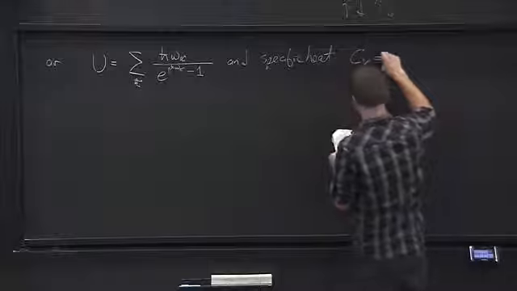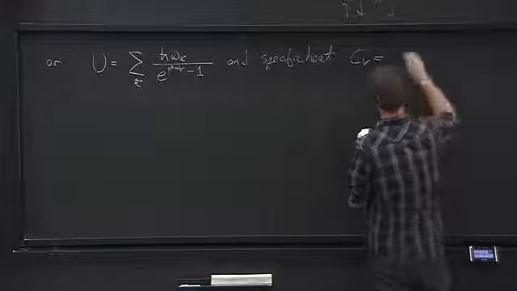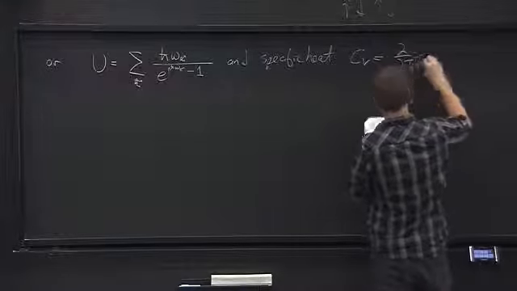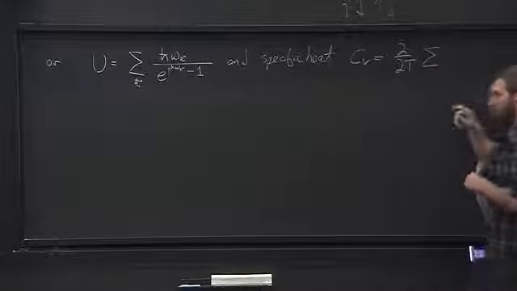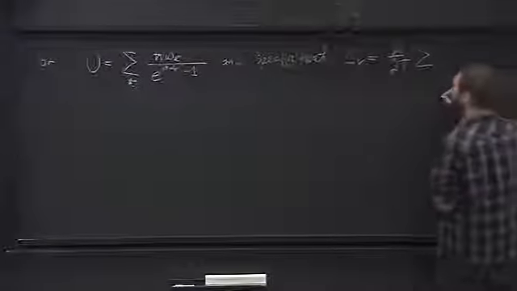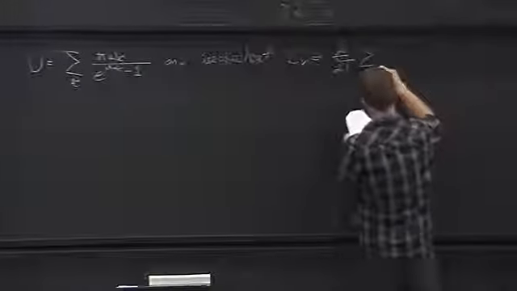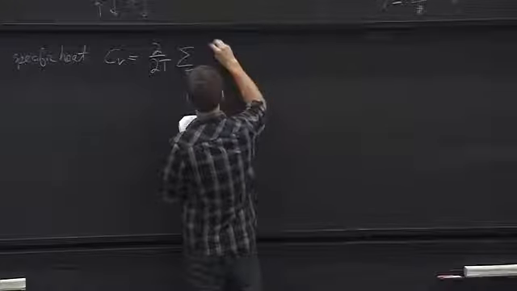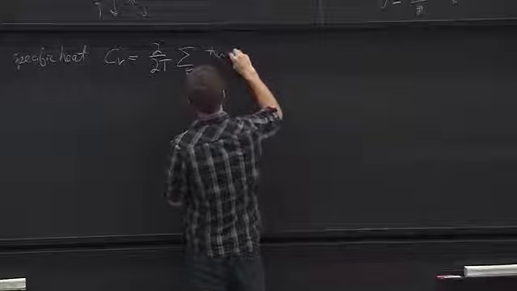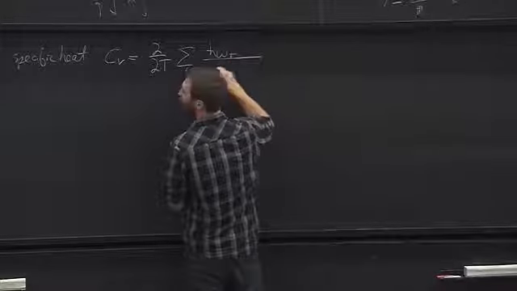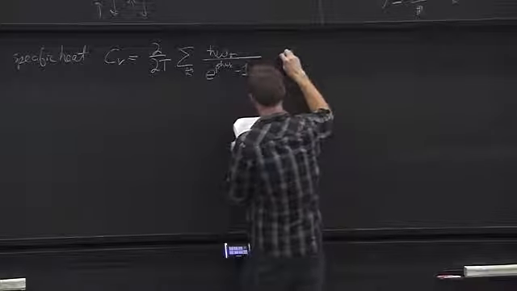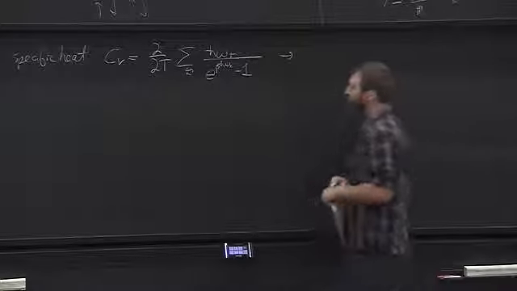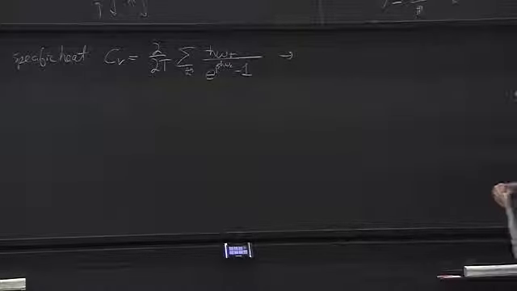And my specific heat is just the partial derivative of U with respect to T. So again, sum over all k. And I can take my sum to an integral.